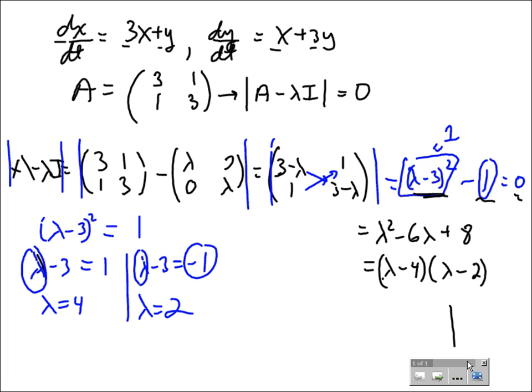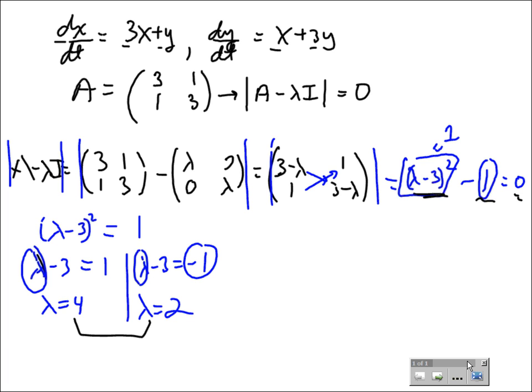And since it equals 0, lambda is 4, or it's 2. So we got the same results over here. So there are two different ways to do this. And these values here are called eigenvalues.